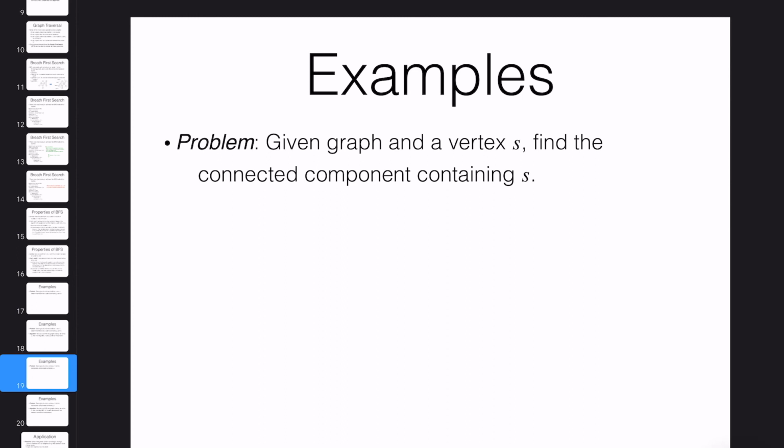Another problem is that assume we have a graph and a vertex, a node S. We want to find the connected component that contains S. If you think about it, the algorithm is very simple. You just need to run the BFS from S, and it finds all the nodes which can be reached from S. Okay, but we also have to show that there is a connection from them to S as well.